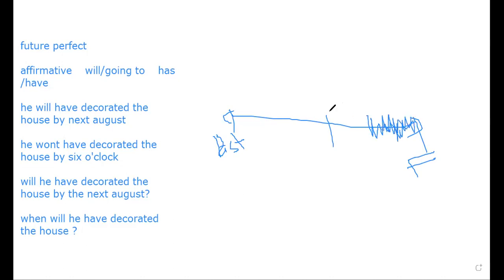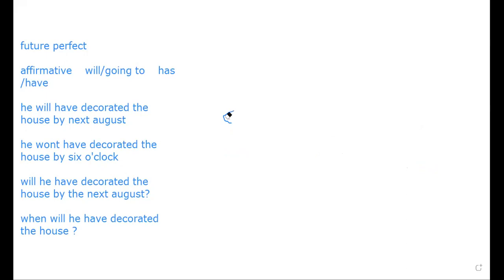Something that didn't happen, but will happen. Excuse the way I wrote this, it's a little messy, but I hope you understood this part, because the future perfect is a very easy tense that only talks about the future.